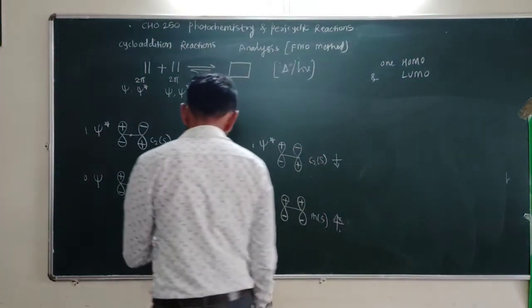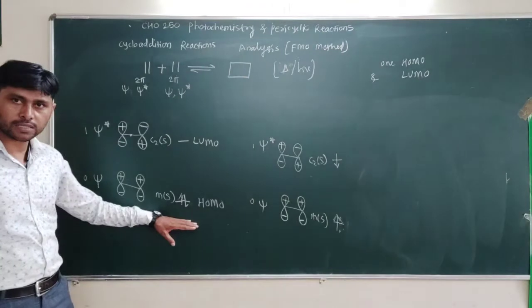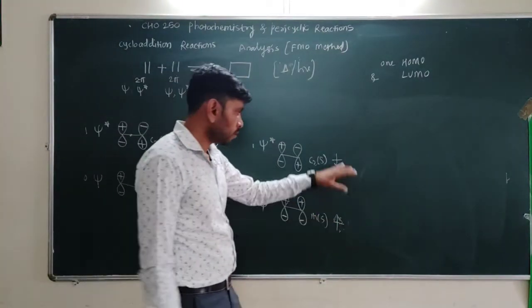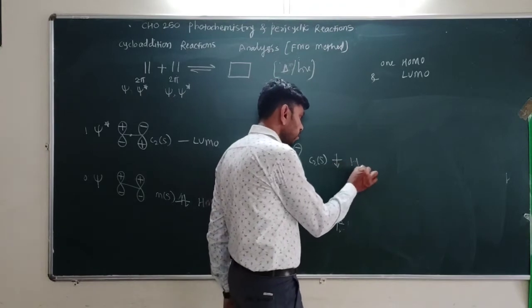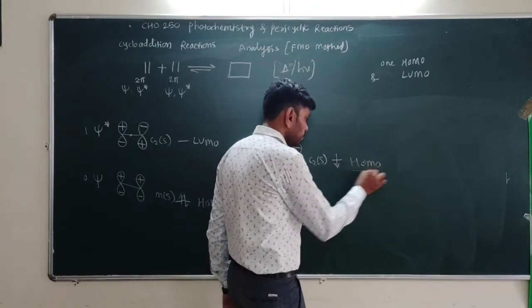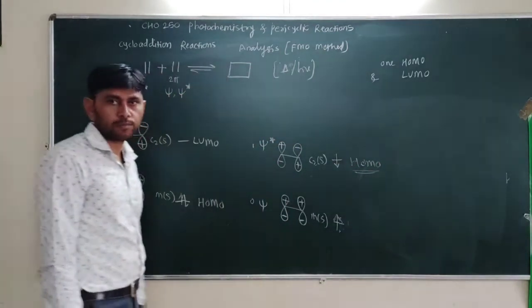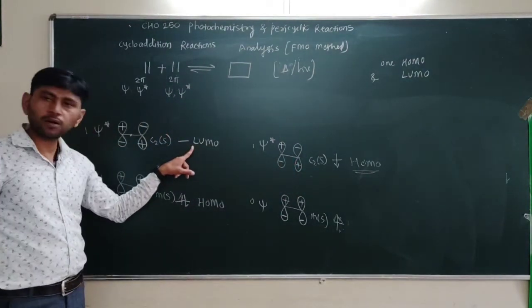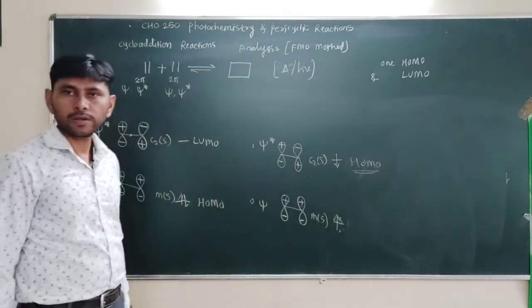Now this is the HOMO of the unexcited molecule, and this is the LUMO. Now here, which is the highest occupied? This is the highest occupied molecular orbital, which has C2 symmetry, and here the lowest unoccupied molecular orbital has C2 symmetry.